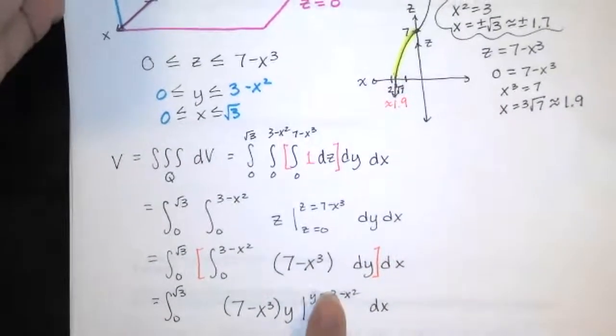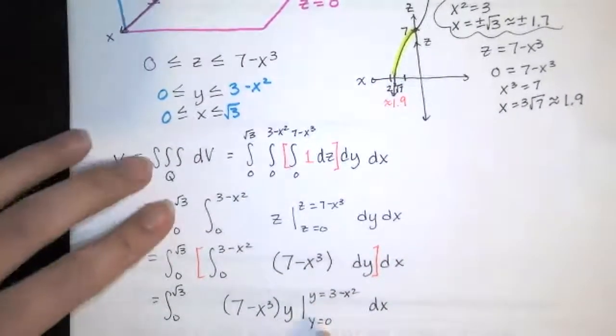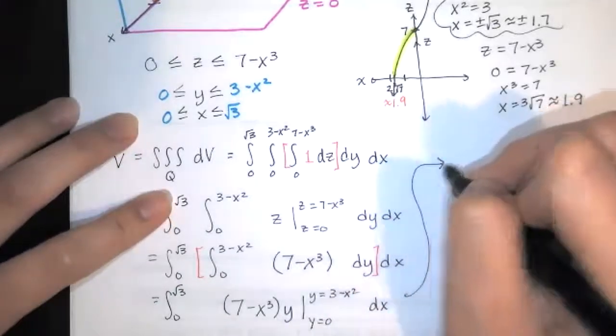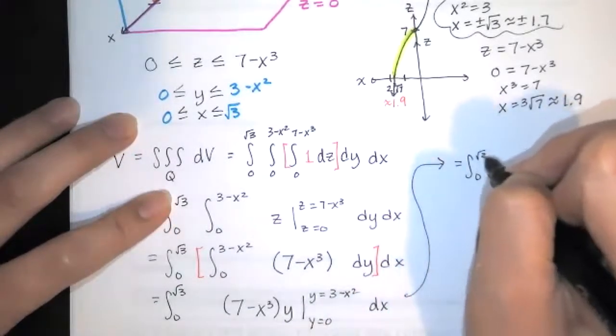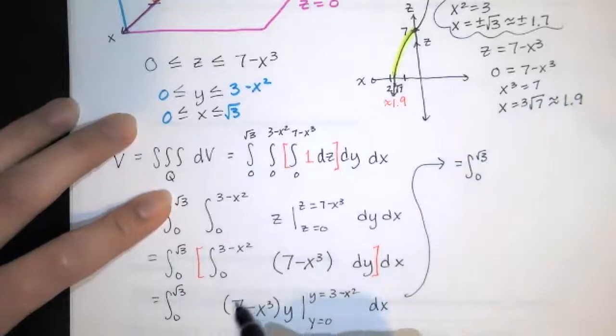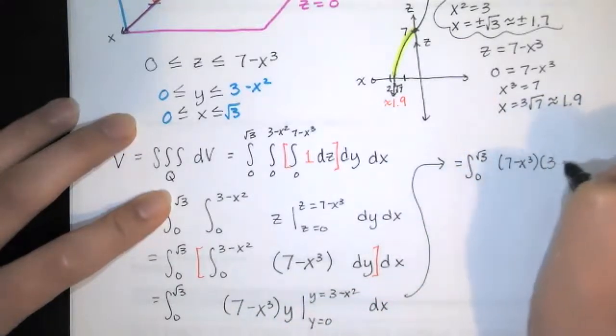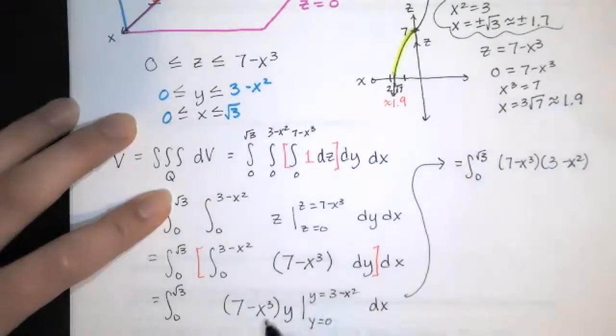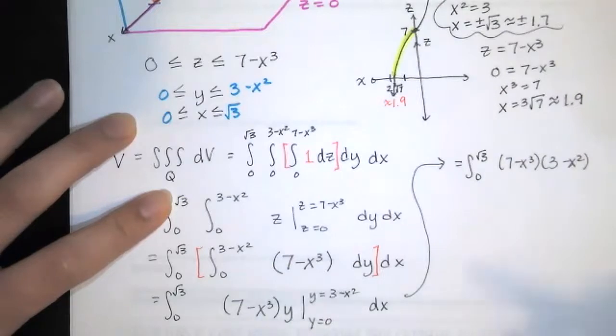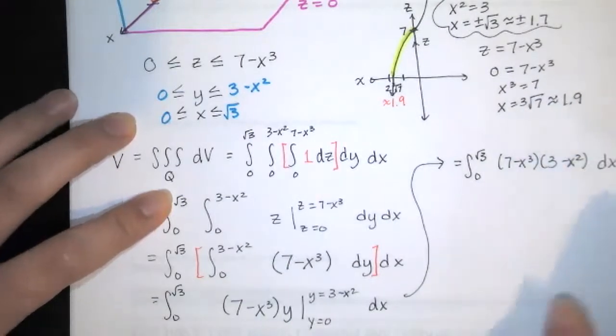So you replace y with this and subtract. That gives us the integral from 0 to square root of 3 of 7 minus x cubed times y, where y is 3 minus x squared, minus all of this evaluated at y equals 0, which is 0. So we just get that.